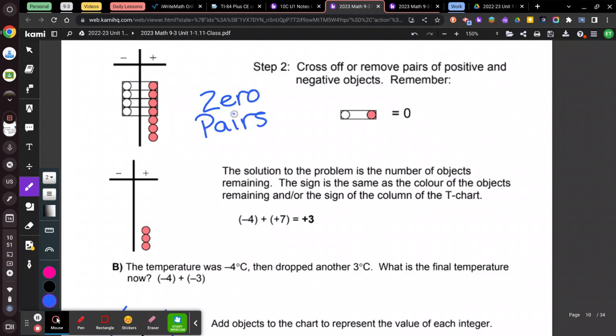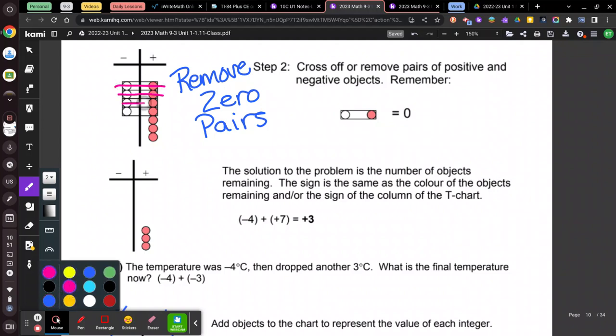Whenever you've got a positive and a negative on either side, you're going to remove them. So you're going to remove 0 pairs. If they've got something on both sides, it goes away. So now I would cross these out, gone, gone, gone, gone. And then you circle your leftovers. I've got 3 left over, and your leftovers are the answer.